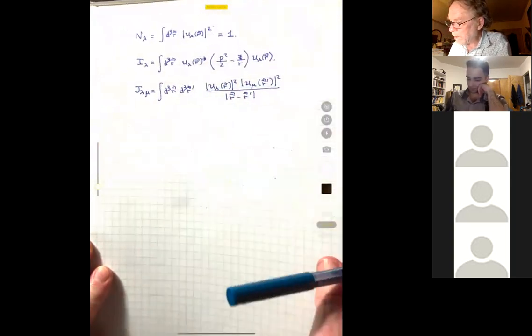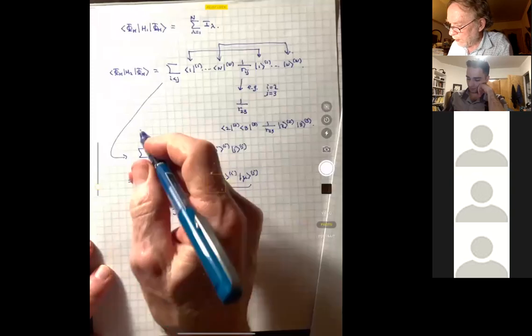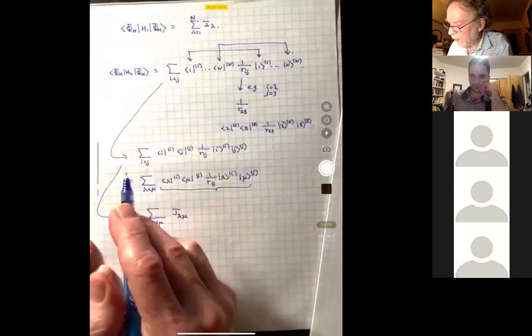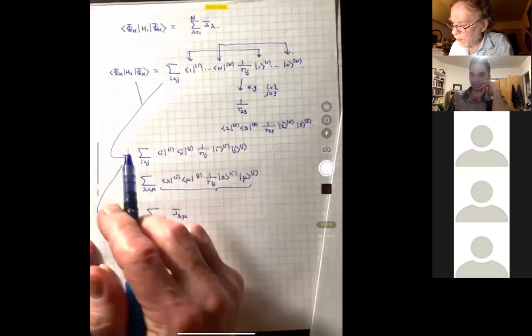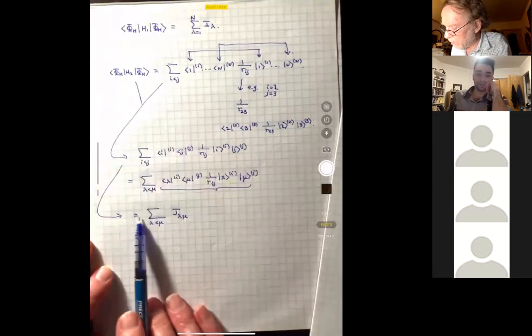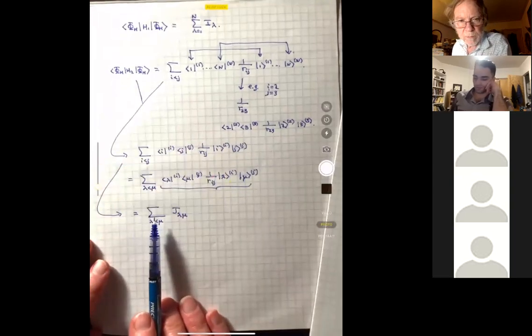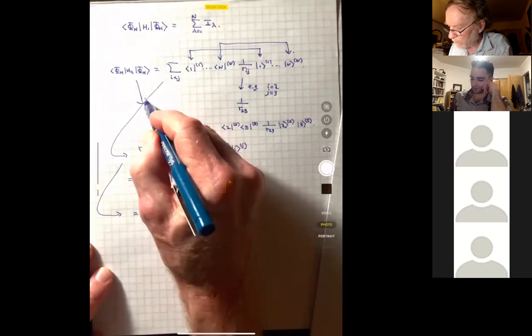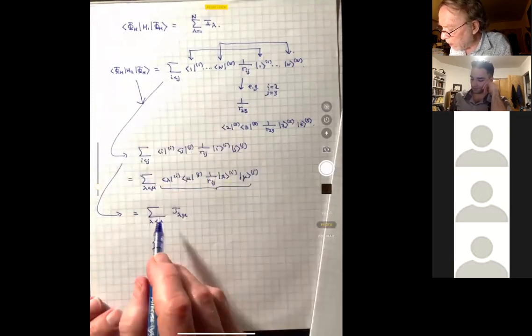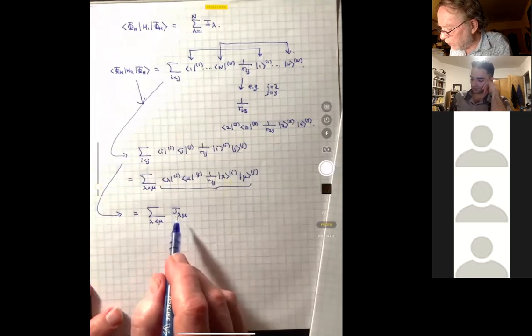That's what we get for the Hartree expectation value of the 2-particle operator. It turns into this. So it's a sum of pairs of these integrals J lambda mu.